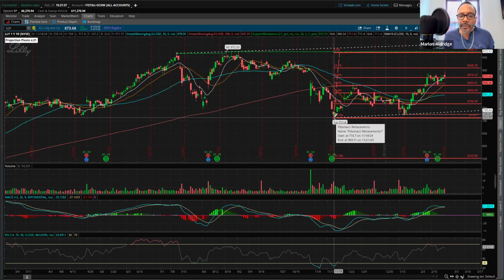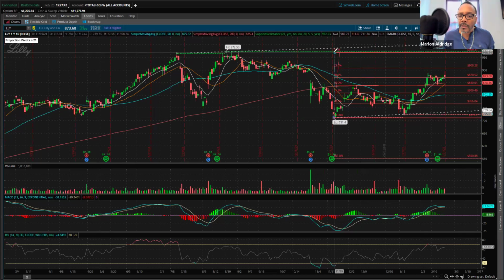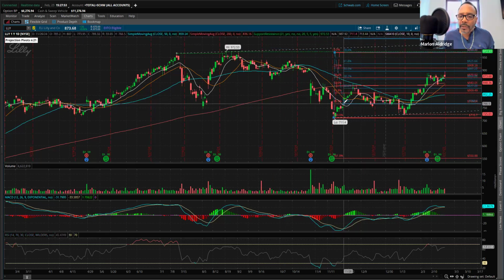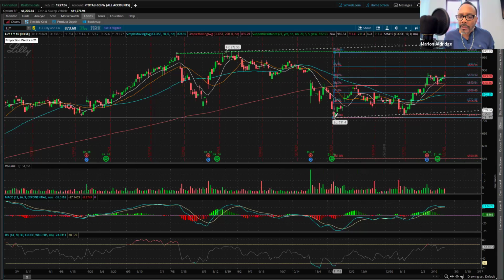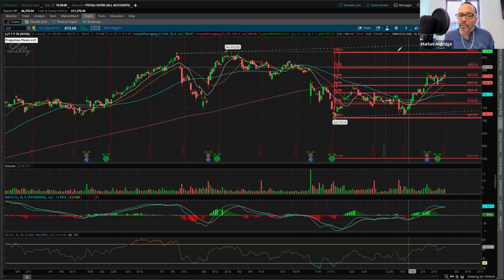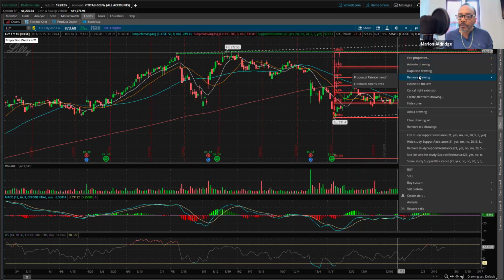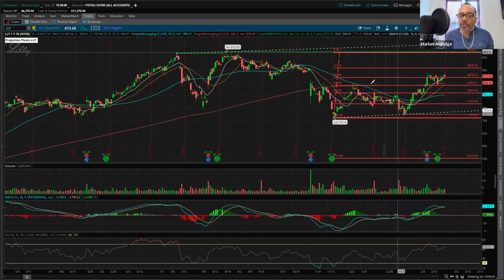I'll start. Now this one, let's see if it'll let me go up. Uh-oh, I should have saved it. Hold on, let me get rid of that one. The extensions is the one I want to get rid of.